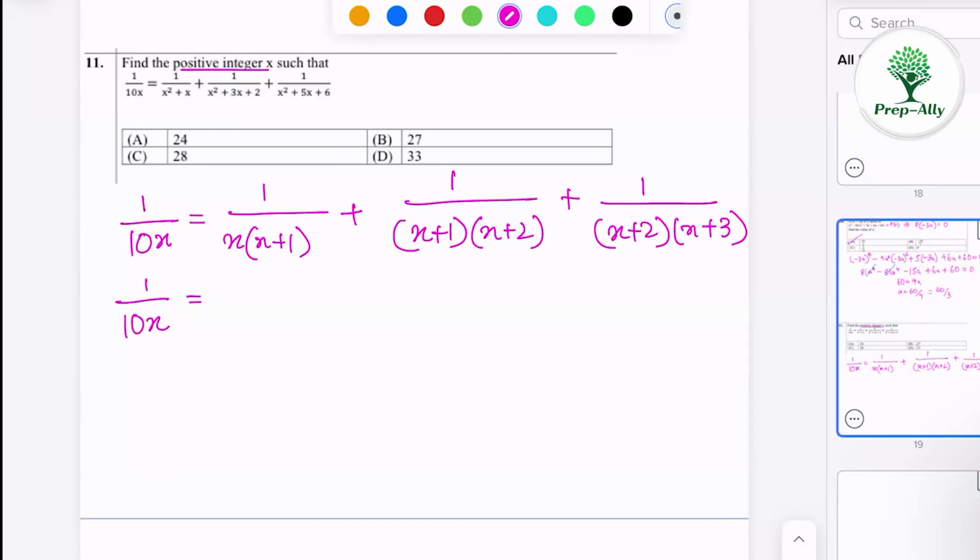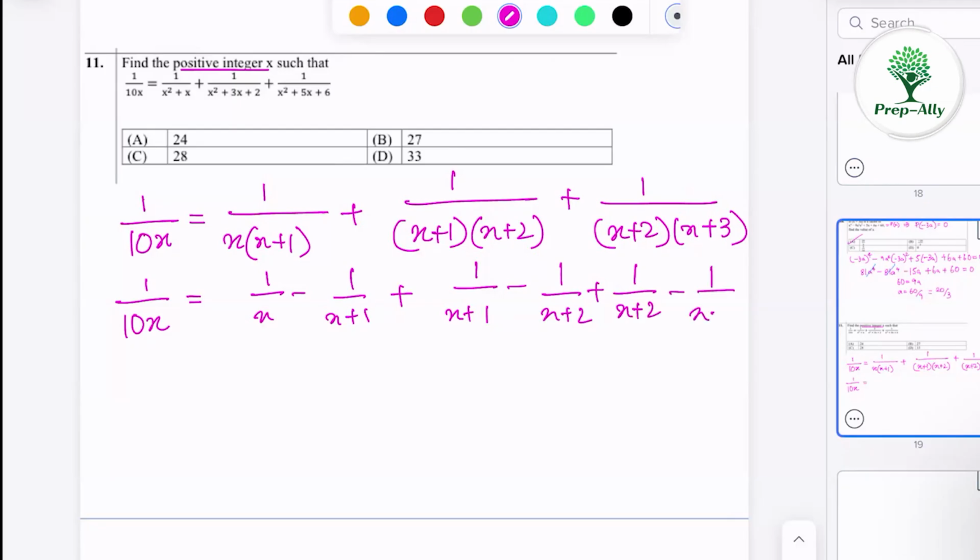and this can further be written as 1 by x minus 1 by x plus 1 plus 1 by x plus 1 minus 1 by x plus 2 plus 1 by x plus 2 minus 1 by x plus 3. So these terms cancel out, and what remains is 1 by 10x equals 1 by x minus 1 by x plus 3.